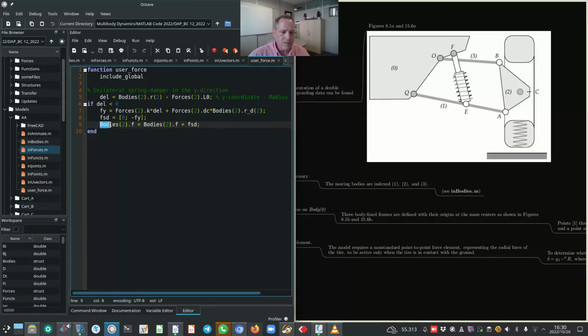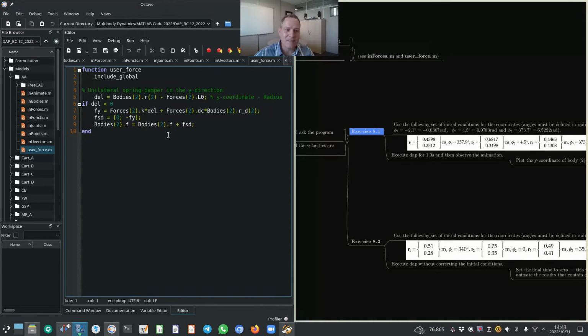Then, very simple, he just appends this FSD, the spring force damper, to the externally applied forces of body 2.